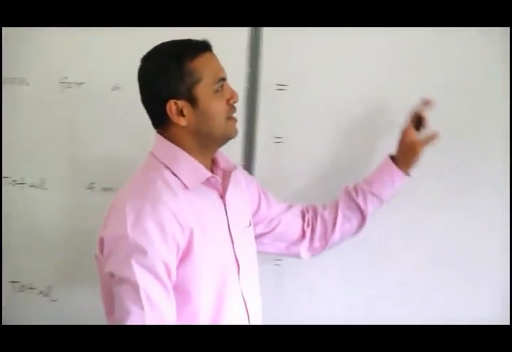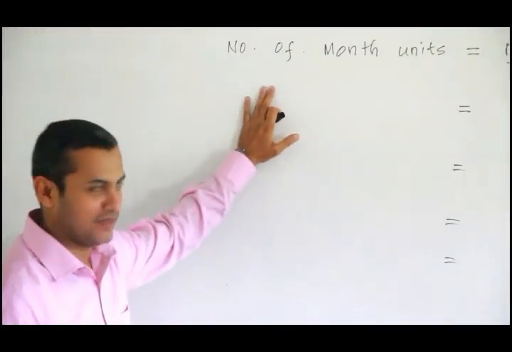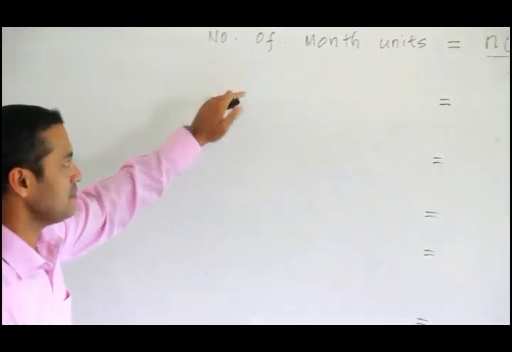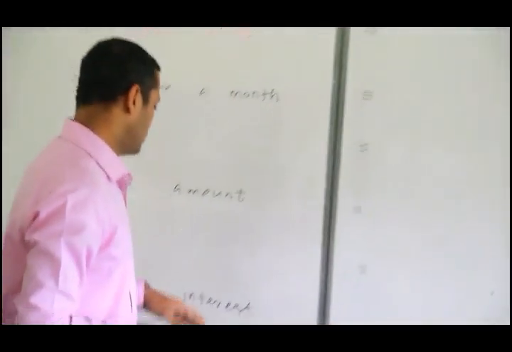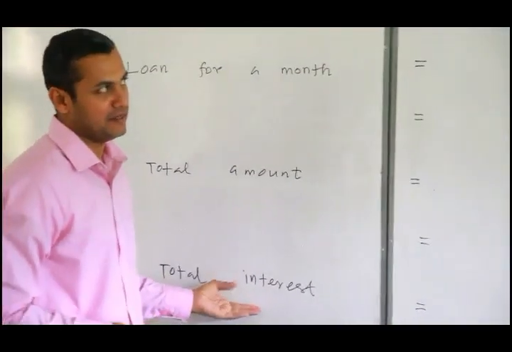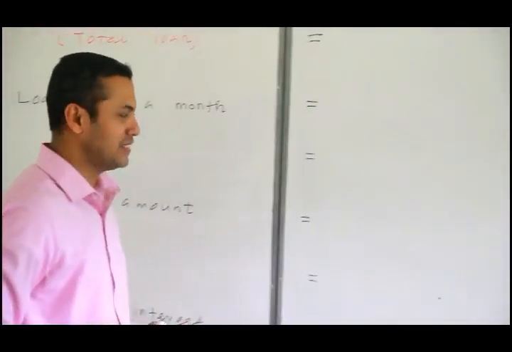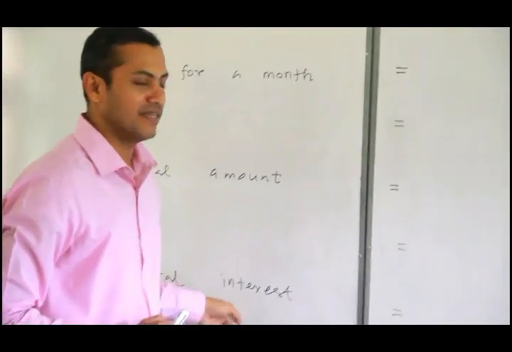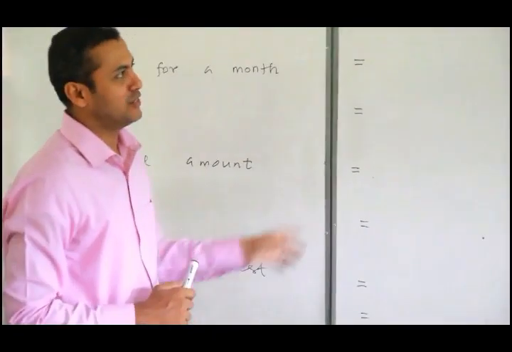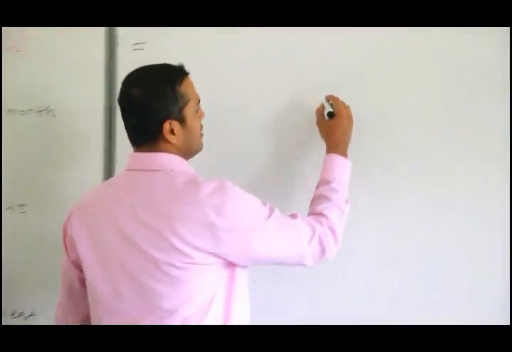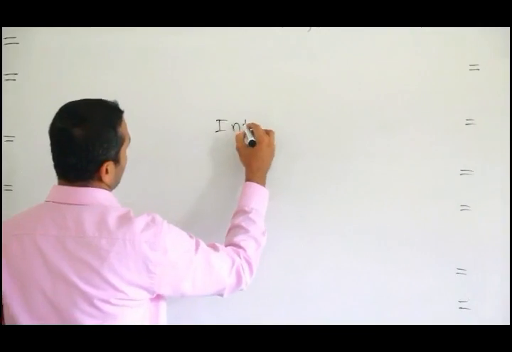Right. 5th step is the same, no need to change it. Once we know the total interest and the number of month units, we can calculate the interest for a month. So the 6th step will be interest for a month.